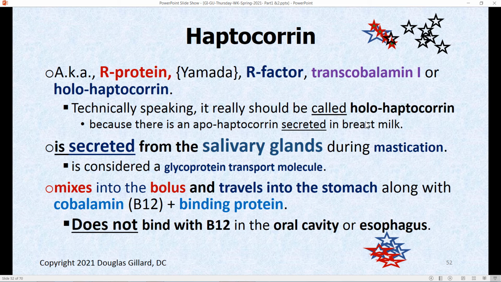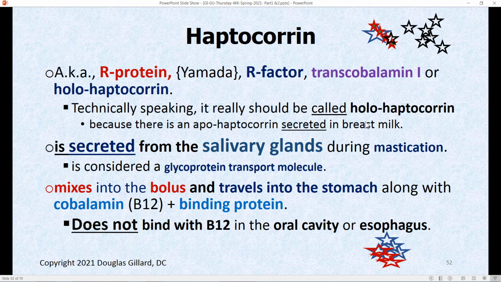Technically speaking, you should call it holo-haptocorrin, because there is an apohaptocorrin that's secreted in breast milk. But nevertheless, most people call it haptocorrin. So when you see haptocorrin, you assume that it is the holo-haptocorrin that we're talking about.